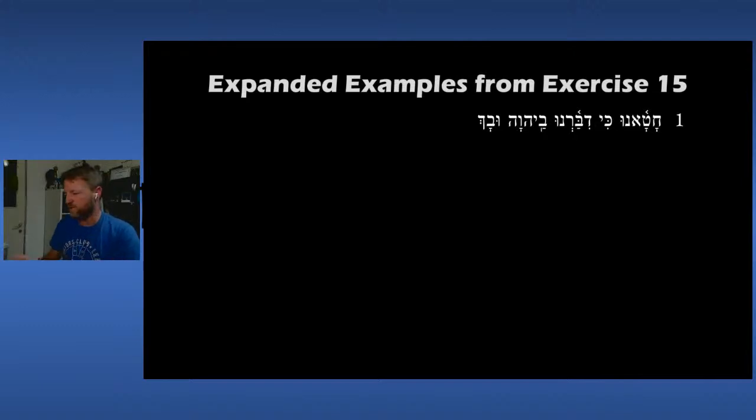Okay, this I adjusted to different persons and numbers. So we're going to go through it a little bit differently. Instead of chatanu, I wrote chatu. Ki dibarnu, I'm going to say ki dibru ba'Adonai uvaMoshe. Okay, chatu ki dibru ba'Adonai uvaMoshe.